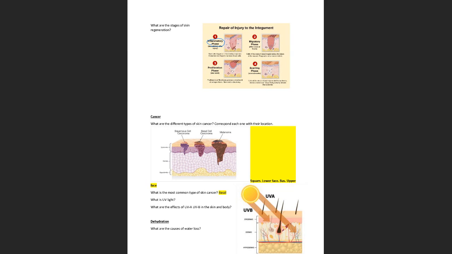Next, after the inflammation phase, we have the migratory phase. The stratum basale cells, remember, the stratum basale is the bottommost layer of the epidermis.